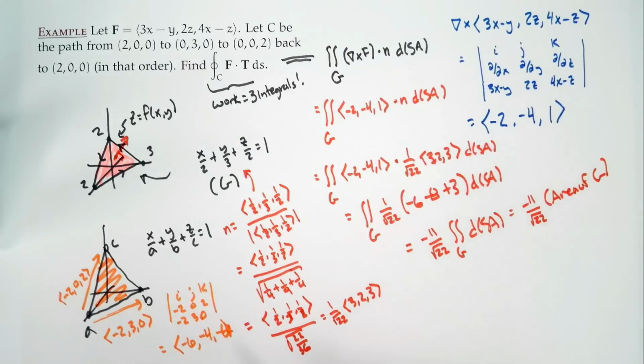And you should, of course, be paranoid. Dot product, you can check. Plus 12, minus 12, and 0. All right, it works out. It's good. So what's the magnitude?